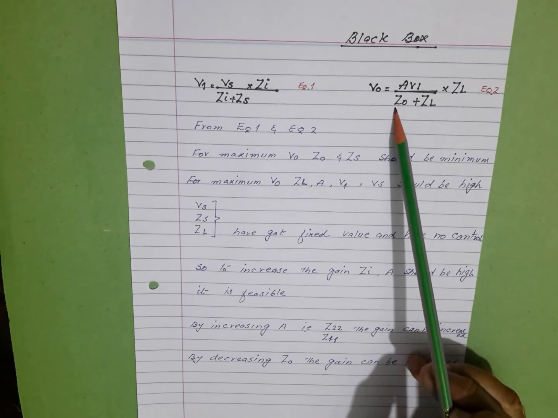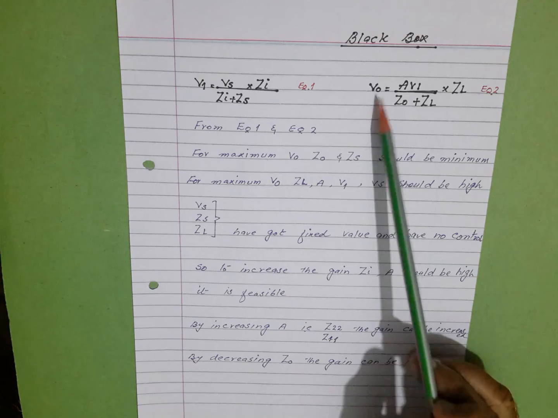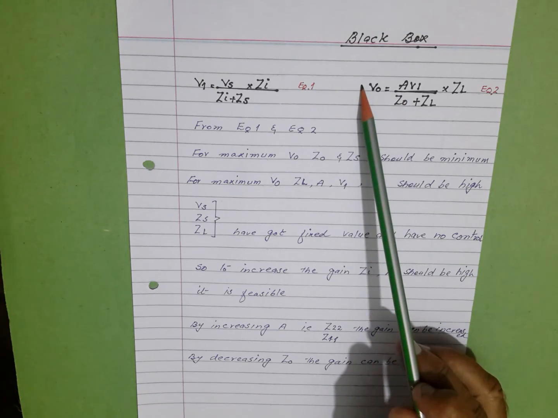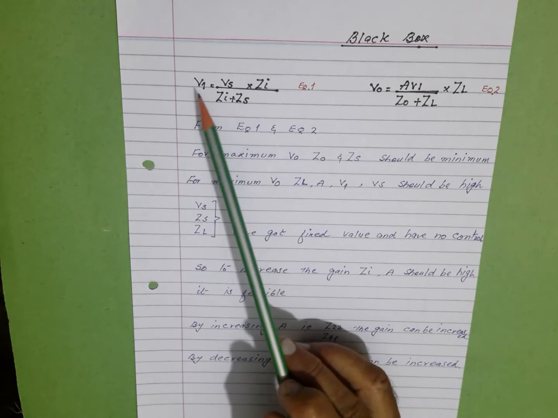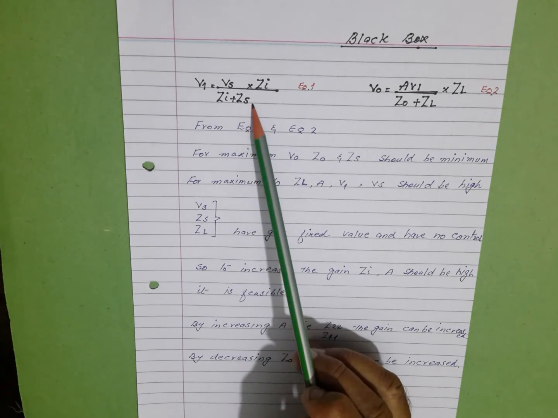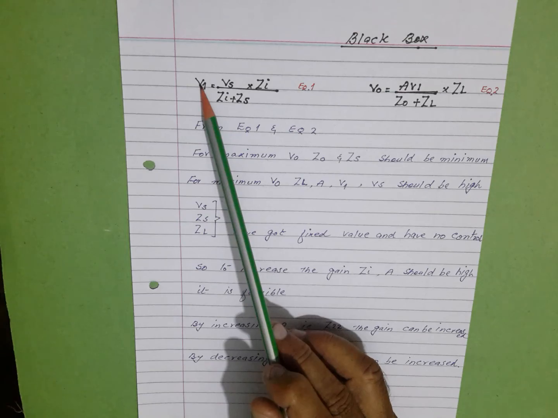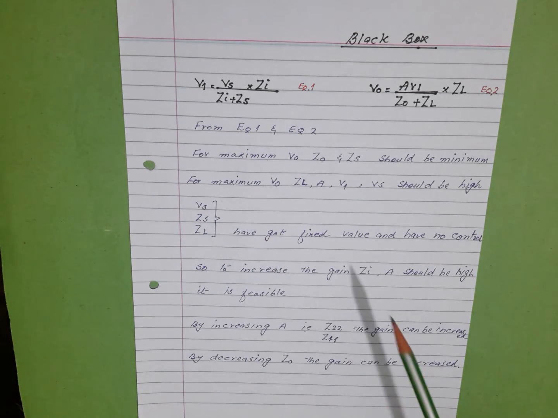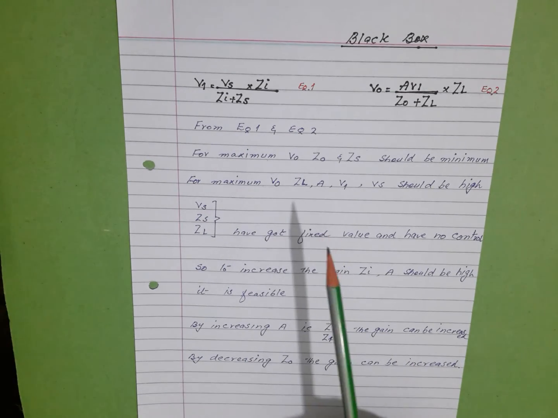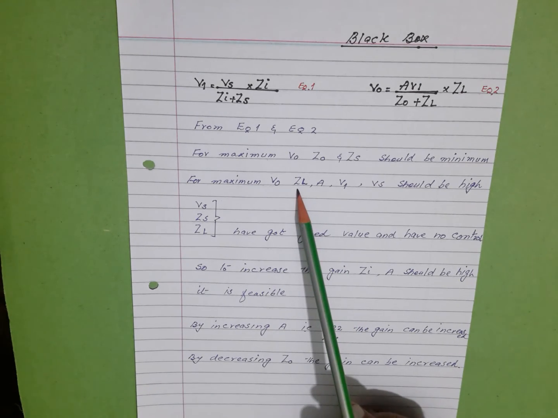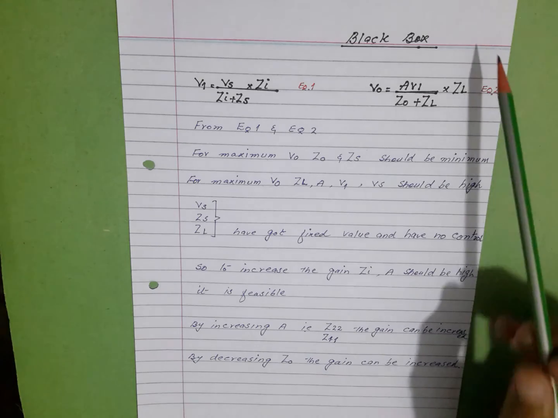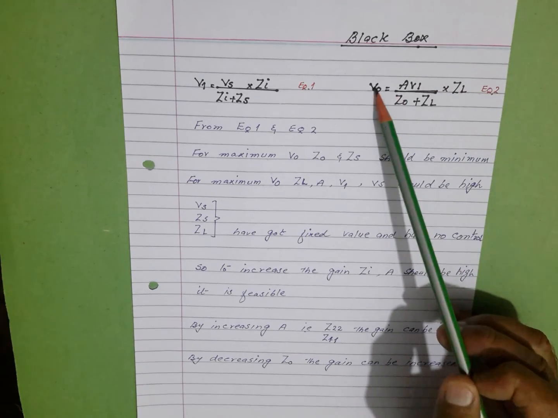ZO has an inverse relation with V0. When ZO is minimum, V0 is going to increase. And Zs also is in inverse relation with V1. When Zs is minimum, V1 is going to increase and virtually V0 is going to increase. We can increase the maximum output V0 by increasing ZL. ZL should be high. ZL is proportional to V0.